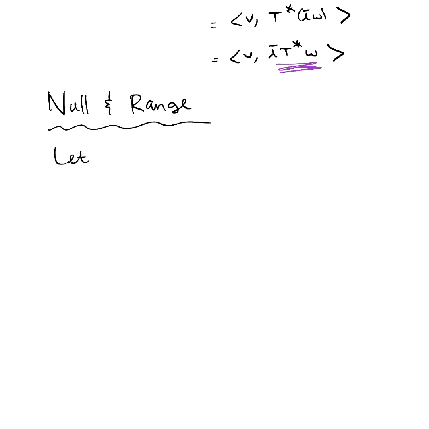Okay, so if you're talking about a linear map from V to W, let's think about the null space of the adjoint.